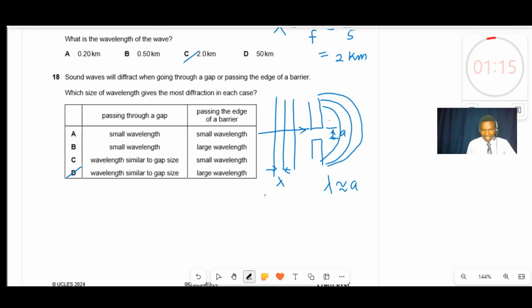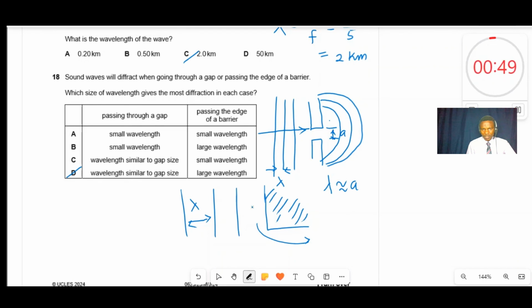For example, you play music, if this is a wall, the music bends towards the edge of the building, so a large wavelength will lead to this diffraction. So here is the large wavelength of the incident wave for it to diffract around an edge. Like this one, this is the building. Okay.